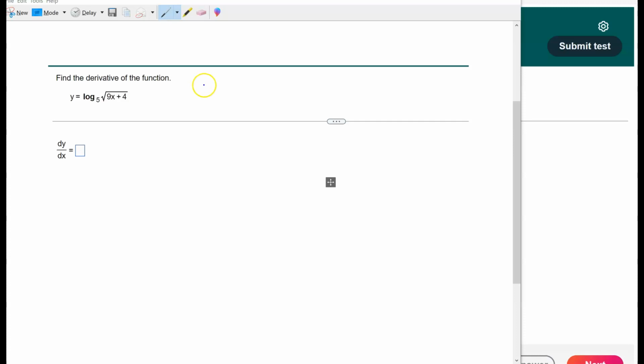The derivative with respect to x of log of u base b, a different base other than e, is equal to 1 over ln b times 1 over u times the derivative of u with respect to x.